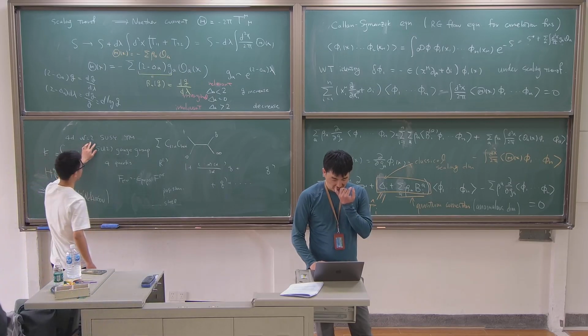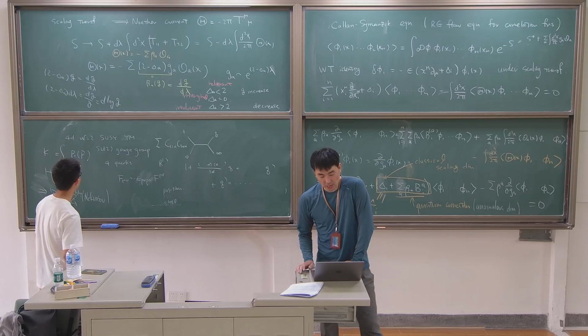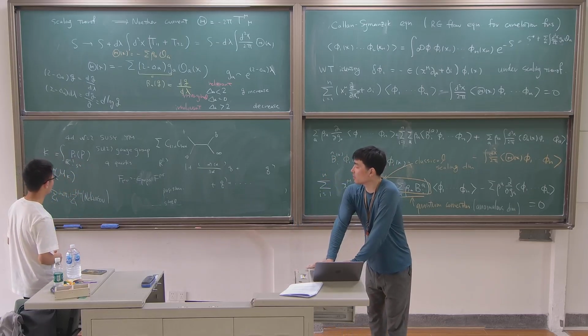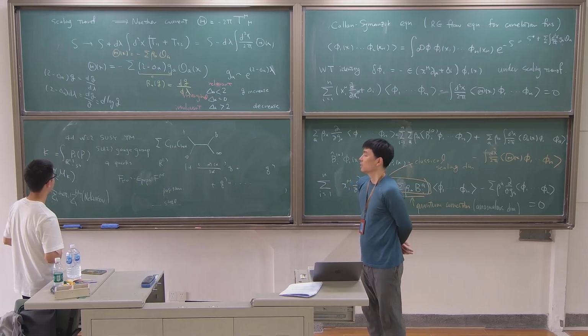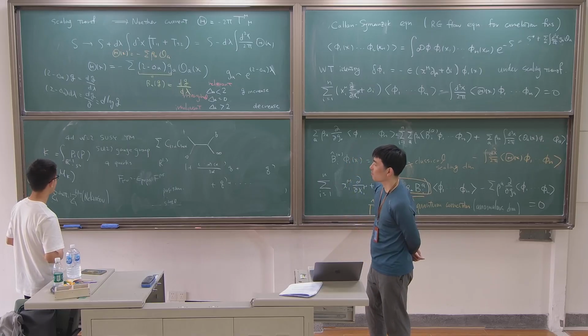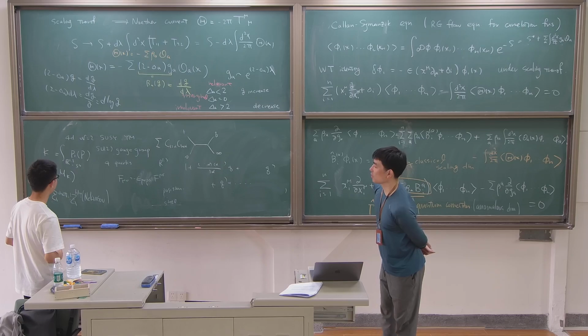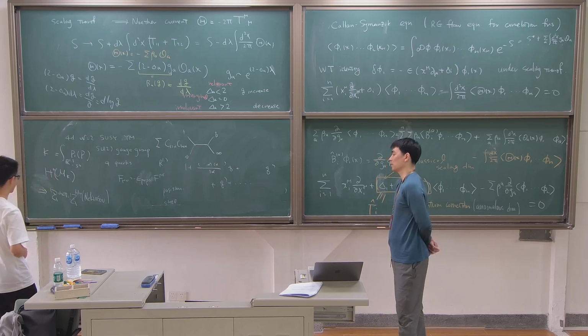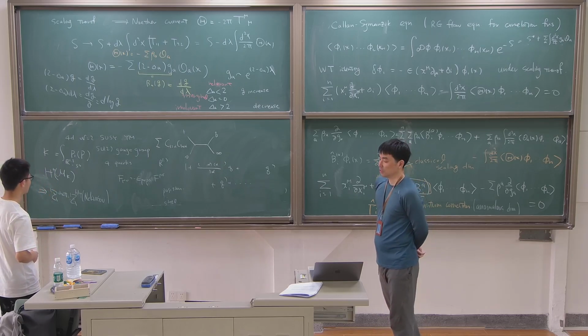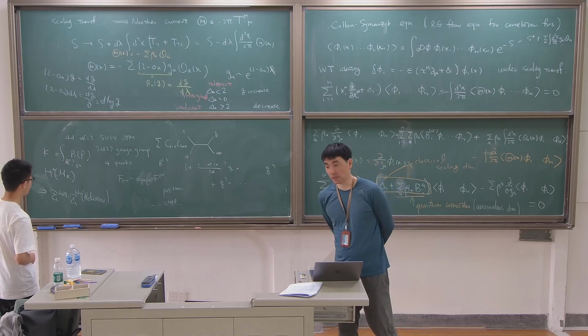So here we need to impose supersymmetry. You need supersymmetry to define the so-called instanton partition function. Otherwise you won't get anything meaningful.